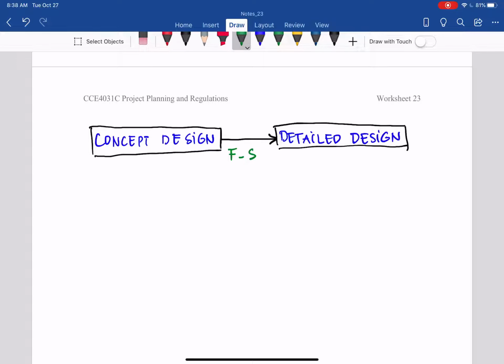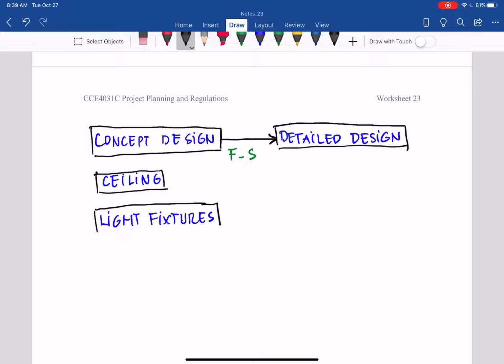We have 2 activities. The example is ceiling, and the other activity is light fixture, each represented by one box.